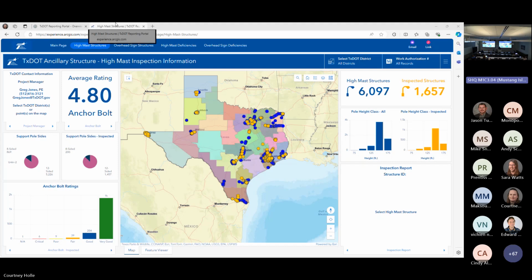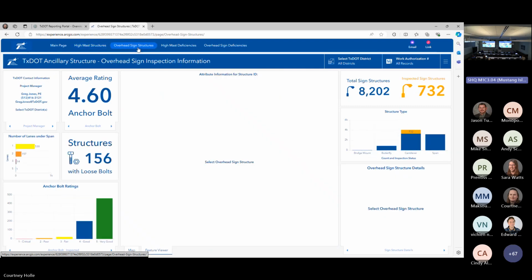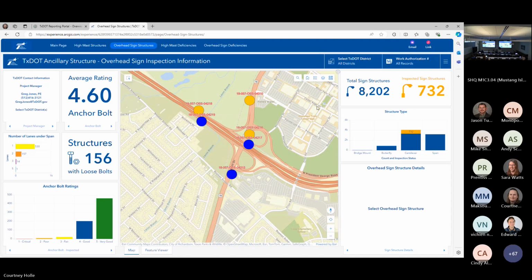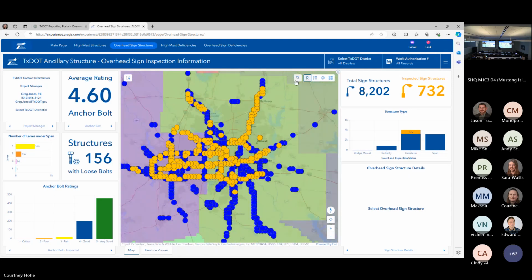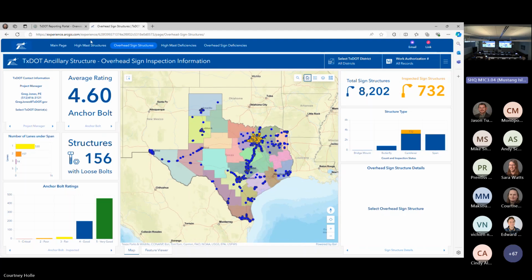So I'm just going to show you some of the things that we can do with this site. We have a high mast structure tab and a sign structure tab.